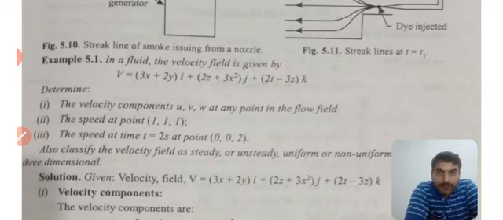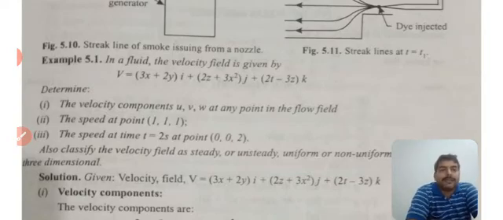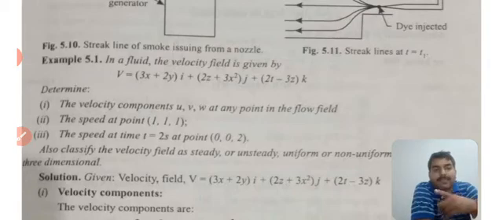Determine first the velocity components, that is u, v, w at any point in the flow field. Second, the speed at point (1, 1, 1), these being the coordinates x, y, z.